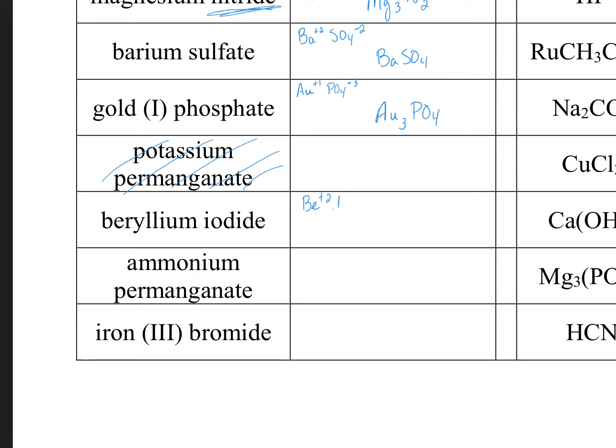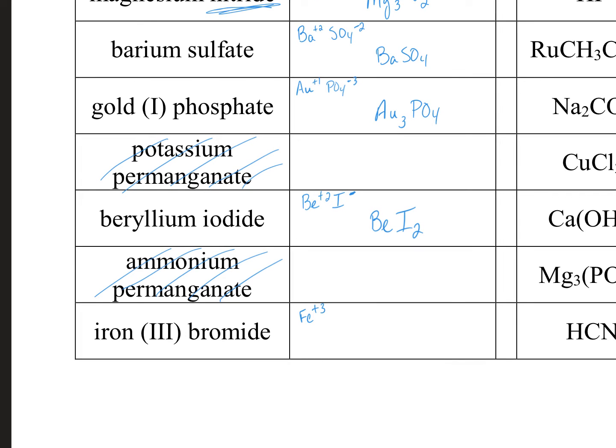Iodide stands for just iodine, which is a halogen, so it's got a -1 charge. So this becomes BeI2. Ammonium permanganate. Let's cross through that one again because we have not talked about permanganate. Iron(III) bromide. Iron is Fe, has a charge of +3 because that's in the name. Bromide is Br-. So that is going to be FeBr3.